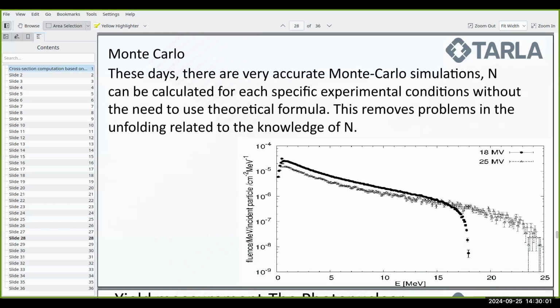Here, this calculation is per incident particle, per incoming electron. You need to know how many you have. Unfortunately, the accelerator doesn't typically provide this in a very accurate fashion, but there are ways to measure this fairly accurately. Beyond that, the shape of the Bremsstrahlung spectrum is then provided by the Monte Carlo simulations.